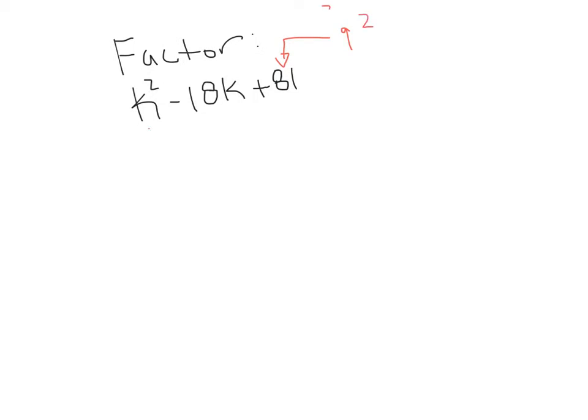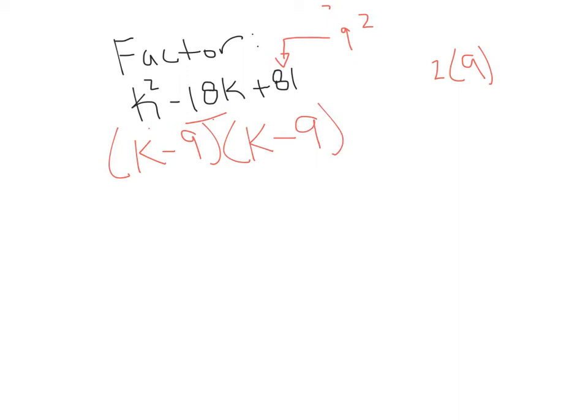Obviously, k squared is a perfect square. And then when we look at the middle term, that negative 18 is just 2 times 9. So we should be able to see that this is actually a perfect square trinomial. Its factors are going to be k minus 9, k minus 9.